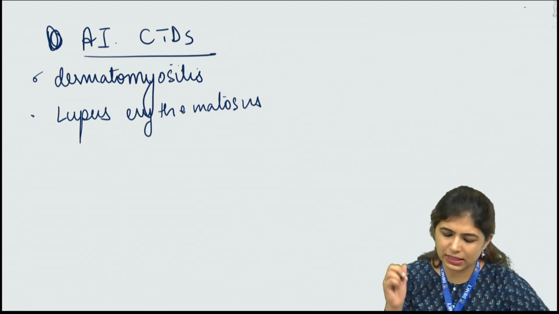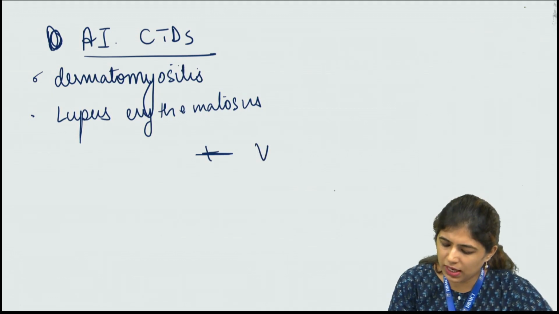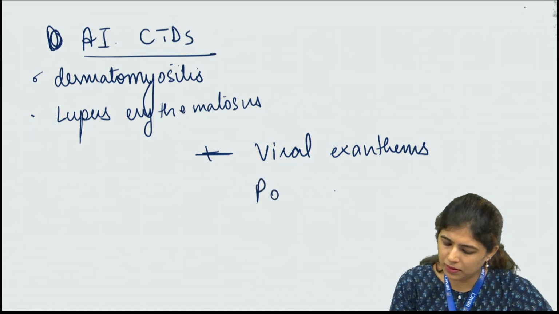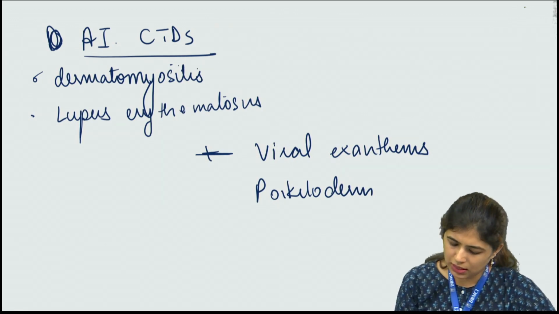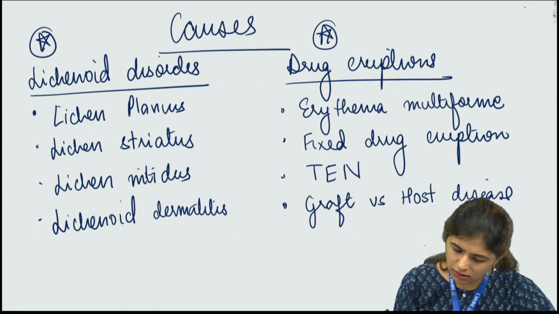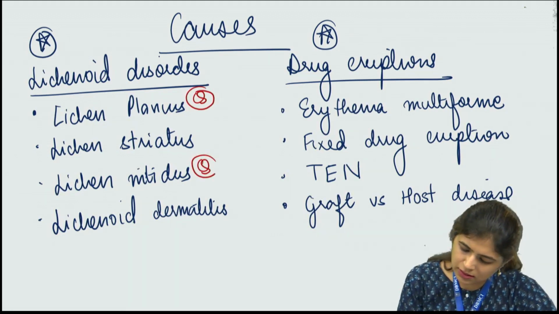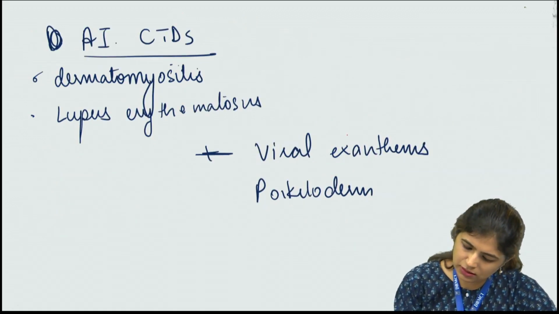These are the most important causes, along with some rarer ones like viral exanthems, poikilodermas. But if they have to ask you a question, the question will generally be on this, and this.